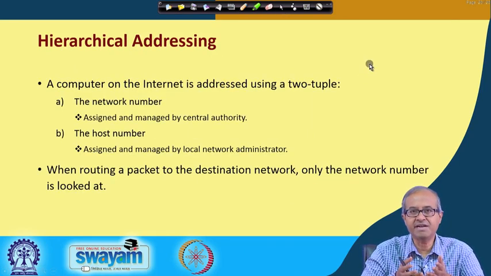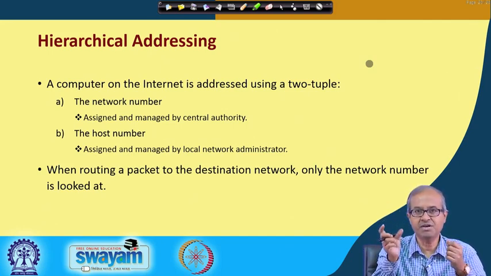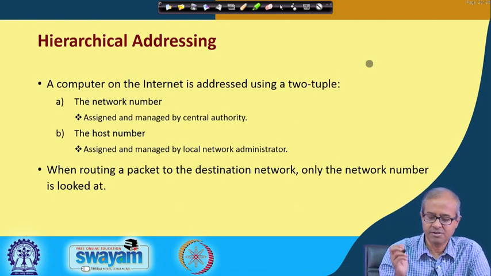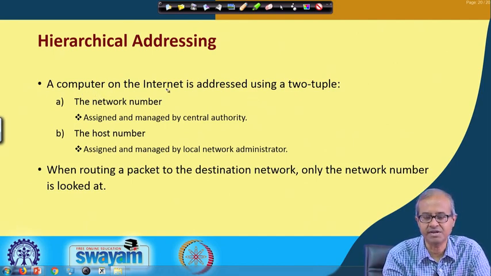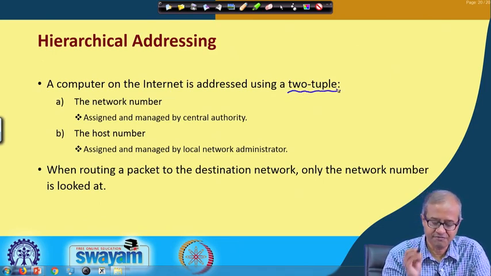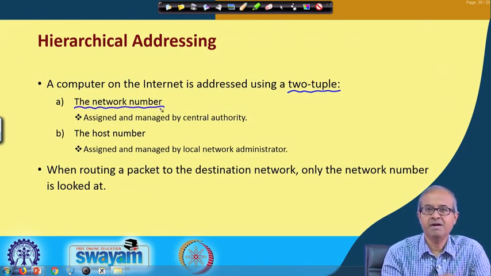Now, this hierarchical addressing I have already talked about: the way we address a computer is in two parts, the address of the network and the address of the host. So, here I am just repeating it again. Every host or computer that is connected to the internet is identified by a two-tuple. The first one I mentioned already, the network number. The network number has to be unique.